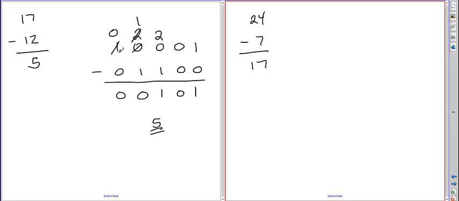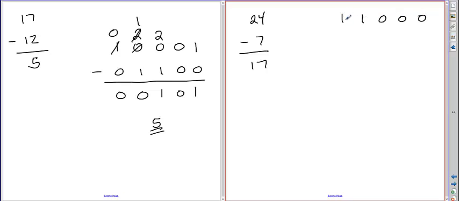So we know it's going to be that number, 1, 0, 0, 0, 1. Okay, so 24 is going to be 16 plus 8 plus 0 plus 0 plus 0. So we have 16, 8, 4, 2, 1.